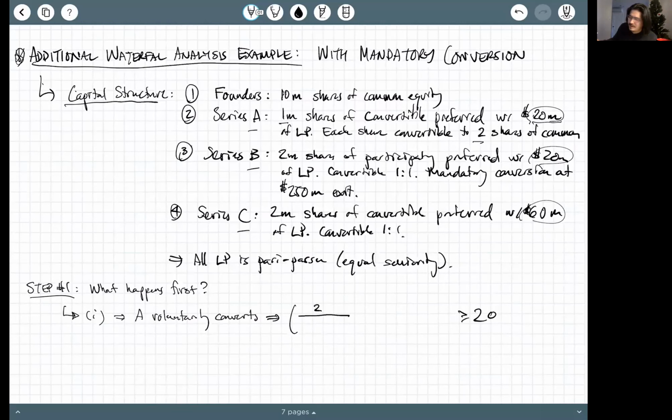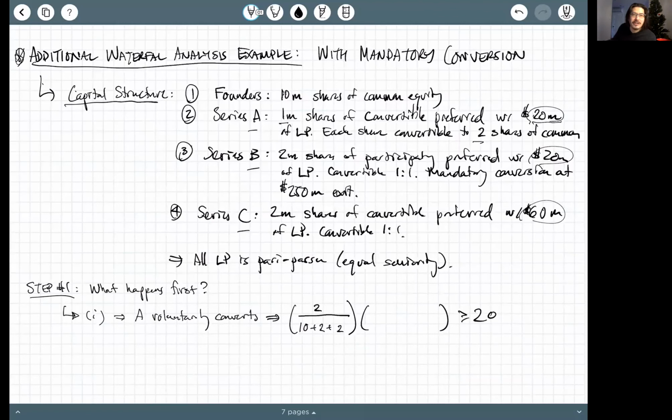If they convert first, before mandatory conversion by Series B, then there would be a total of 14 million shares outstanding: the 10 million shares owned by founders, the 2 million shares of participation that goes to Series B, and the 2 million shares that Series A gets from conversion. So they would own 2 out of 14 million shares, so 1/7 of the common equity value.